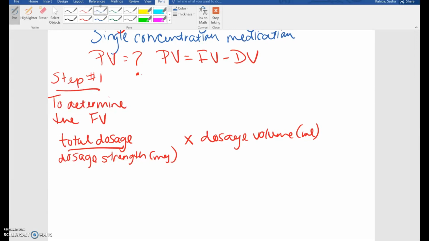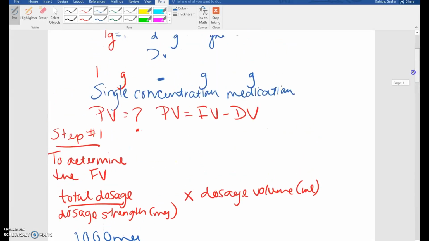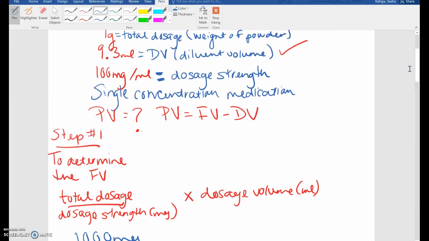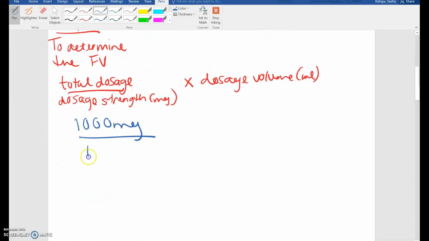My total dosage we know is 1 gram, but if my dosage strength has to be in milligrams, then my total dosage needs to be in milligrams. So that's 1,000 milligrams over my dosage concentration of 100 milligrams, and I'm going to multiply that by the dosage volume of 1 milliliter. Milligrams cross out. So I determined that my final volume is 10 milliliters.